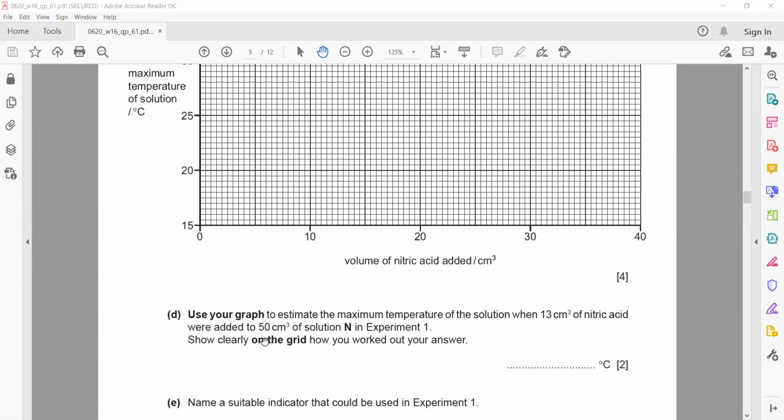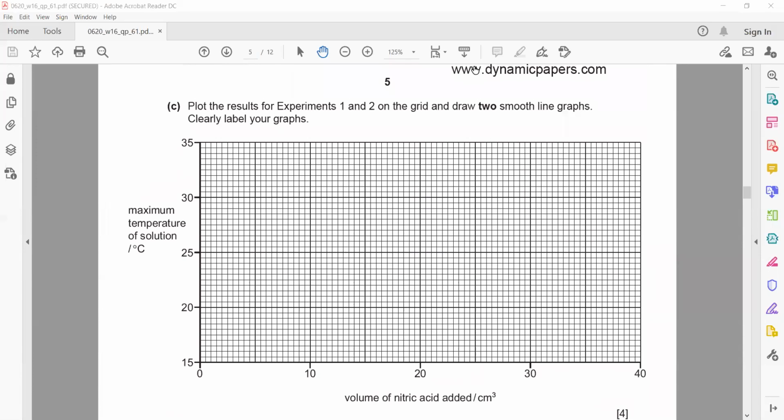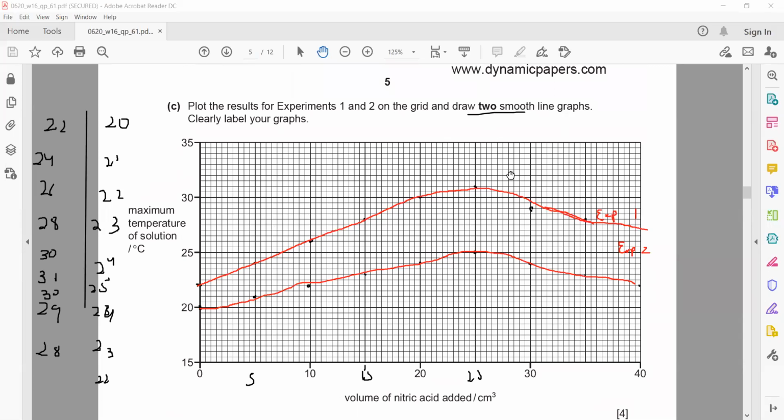The next part, use your graph to estimate the maximum temperature of a solution when 13 cm cube of nitric acid is added to 50 cm cube of solution N in experiment 1. So this is a graph for us when 13 cm cube is added. You should clearly show on the grid. So you have to draw these lines, like this is 11, 12, 14 and 13.